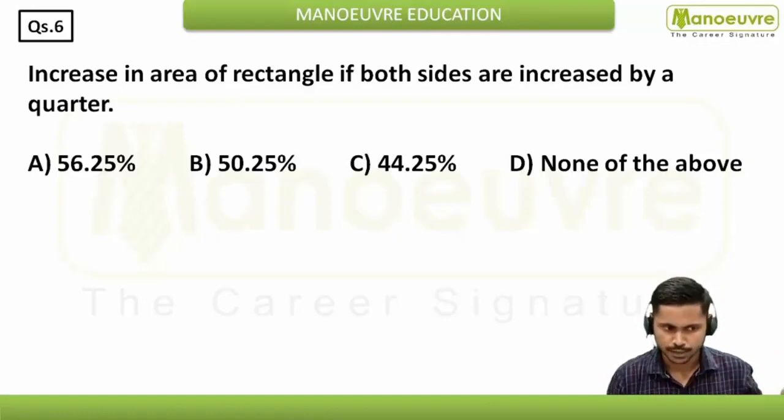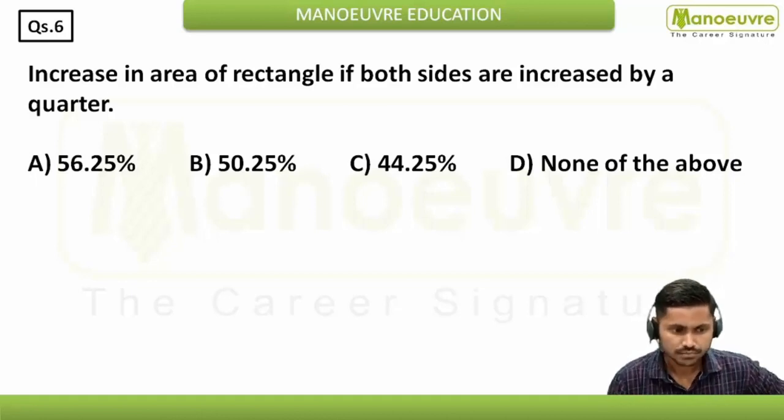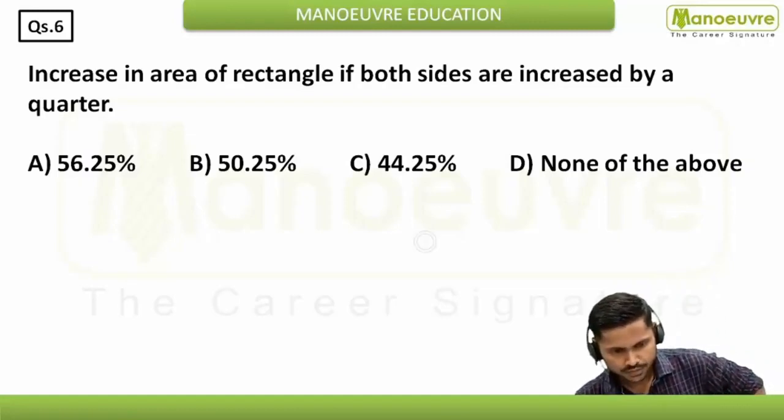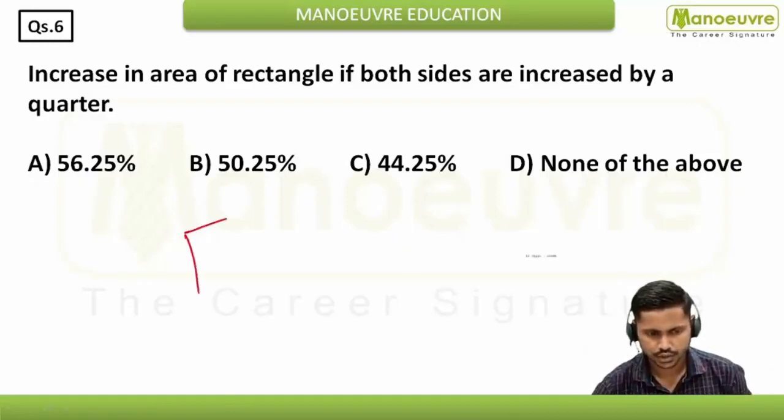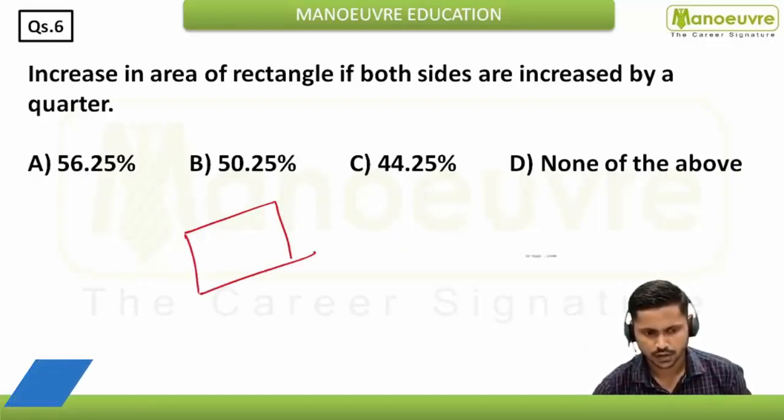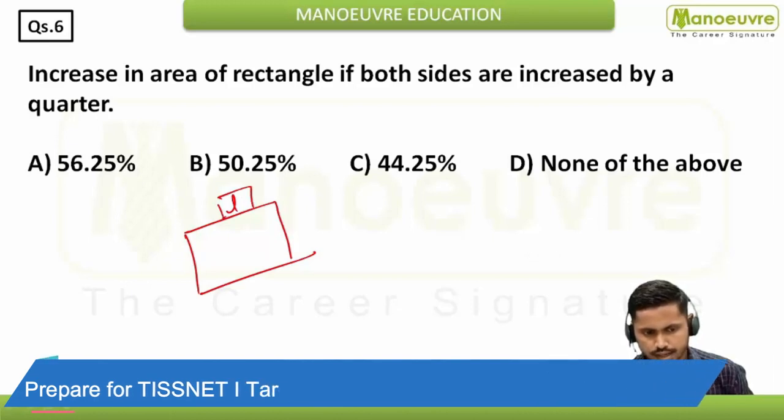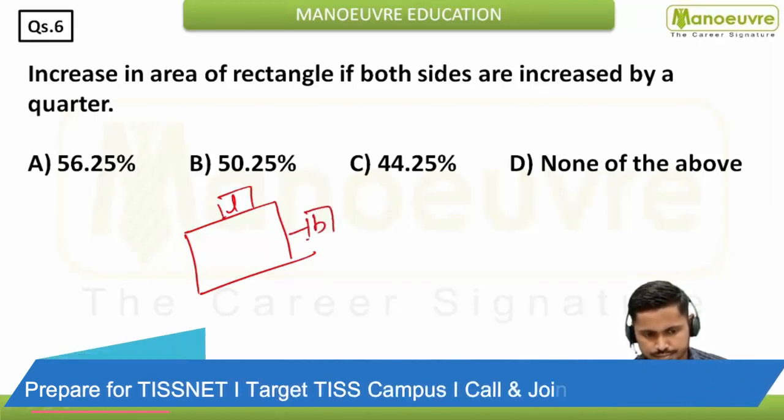Now see my explanation. Here the question says the area of a rectangle increases if both sides are increased by a quarter. If I draw a rectangle, you will have a length and a breadth.